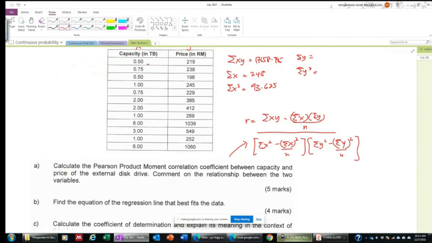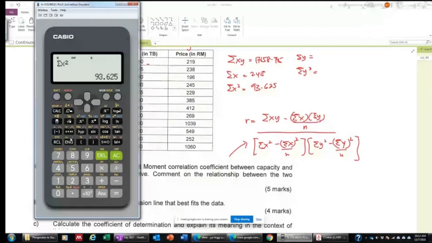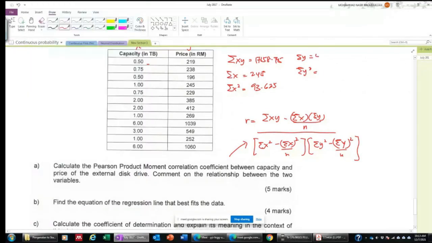Summation of y squared. So this is the value that we need, right? Summation of y should be number 4, 5093. 5093, right? This is 24.5, right?